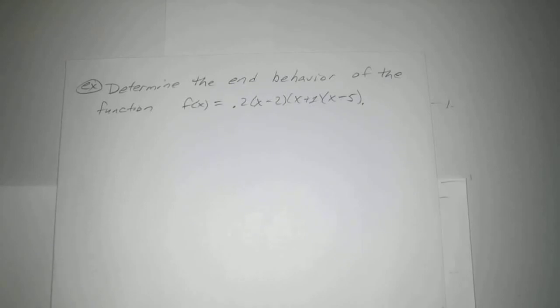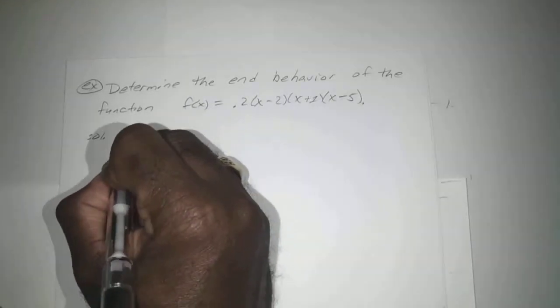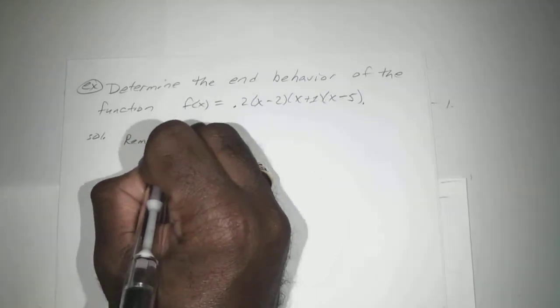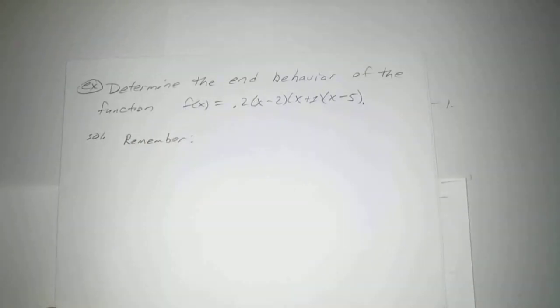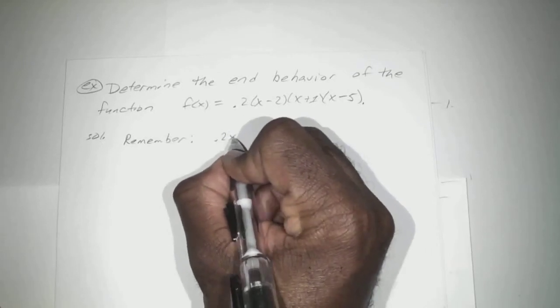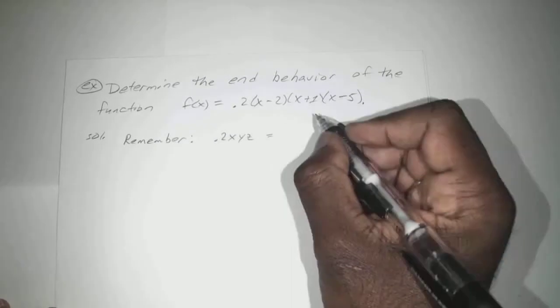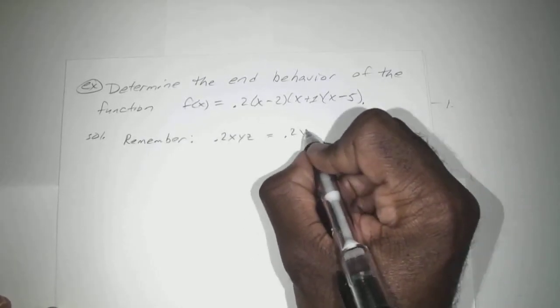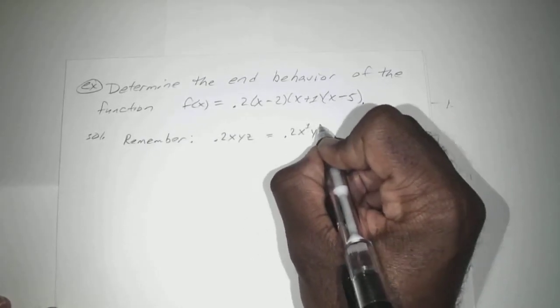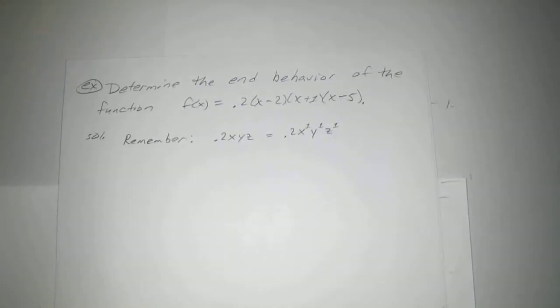Okay. Now with this one, you don't have to FOIL and then distribute and all of that to find out what degree it is. All you have to do is remember, if you have 0.2 x, y, z, then that would just equal 0.2 times x to the first power times y to the first power times z to the first power.